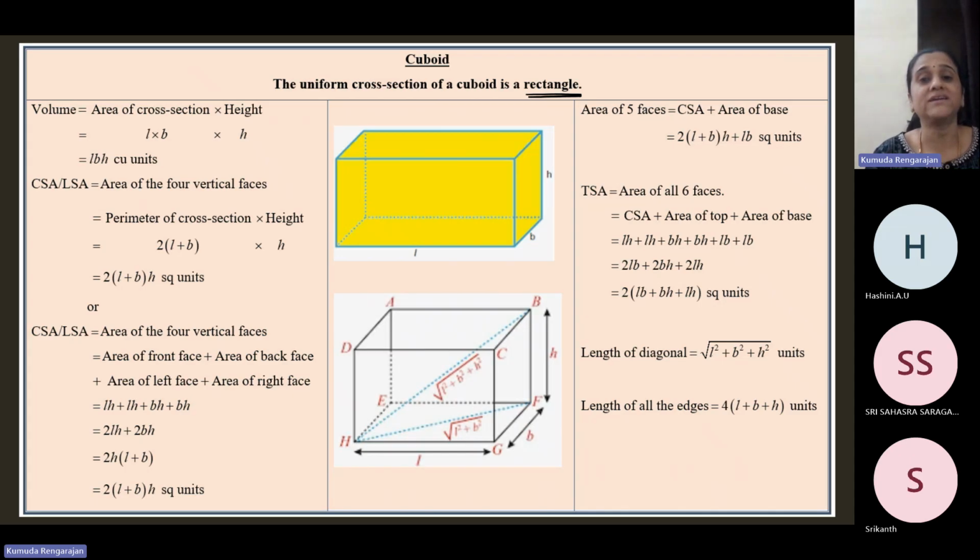Rectangle is a 2D. When you stack these up to any height, you obtain a solid, which is a 3D, and that's a cuboid. So the uniform cross section of a cuboid is a rectangle.